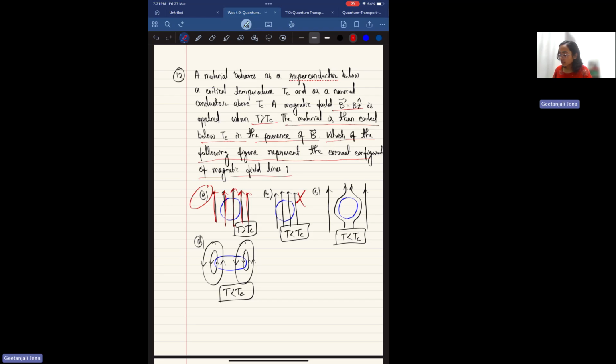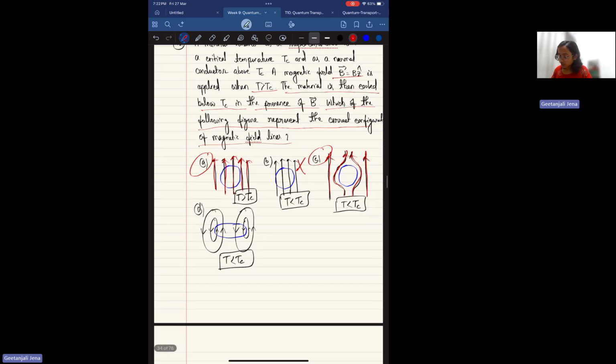And option C shows the magnetic field lines not able to pass through this superconductor for T less than Tc, which is true, right? It is in the superconducting state, so they will repel the magnetic field lines. Option D is also not the case. It shows for T less than Tc a magnetic field lines like this, which is not possible. So the correct options are option A and option C.